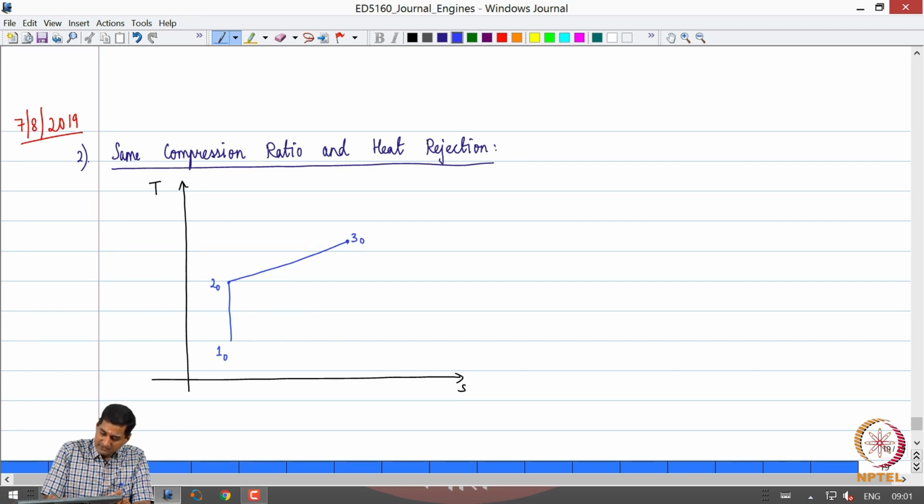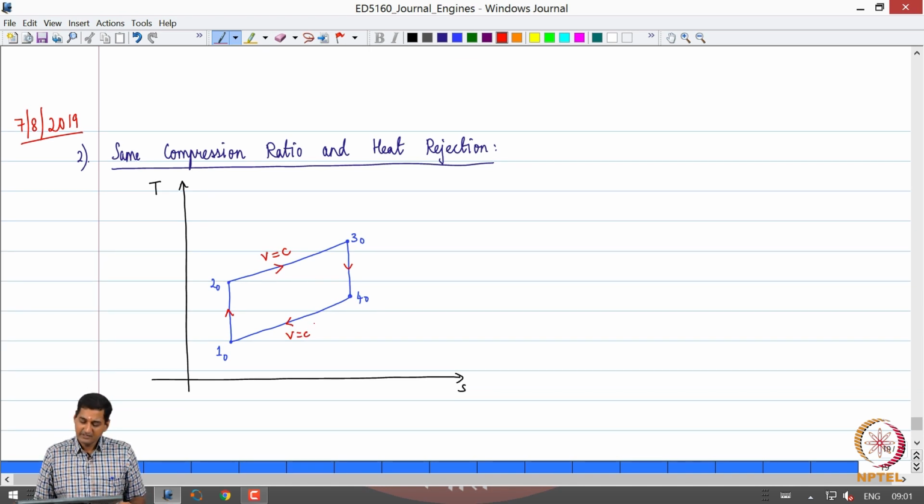I go to 3O, then isentropic expansion, come to 4O, and then constant volume heat rejection. We need to carefully mark all the processes when we draw these diagrams. So, this is the TS diagram.